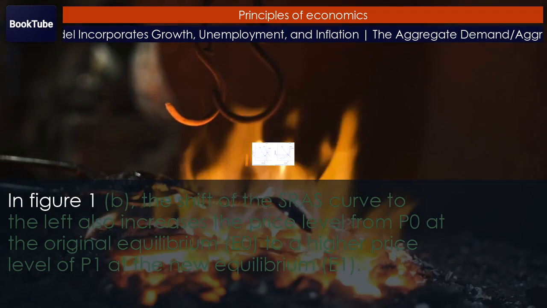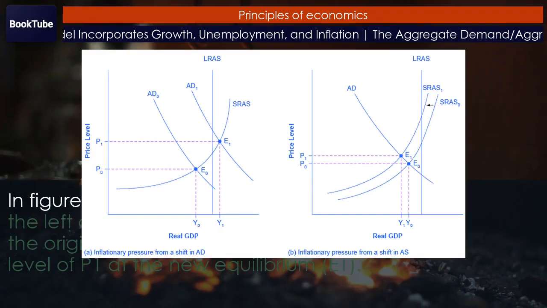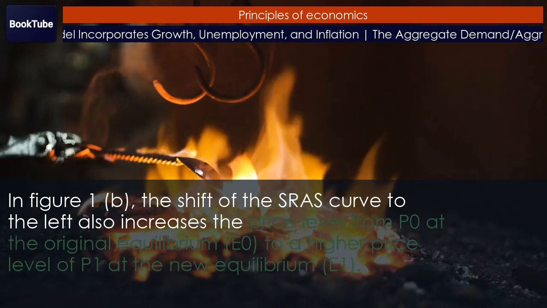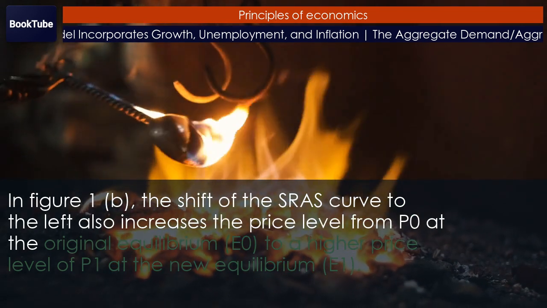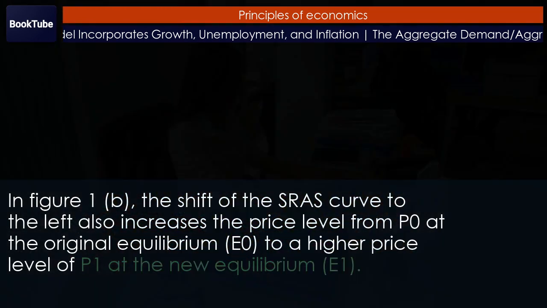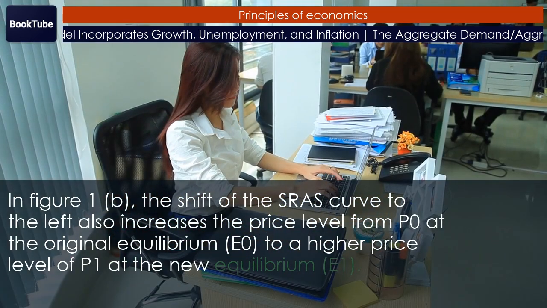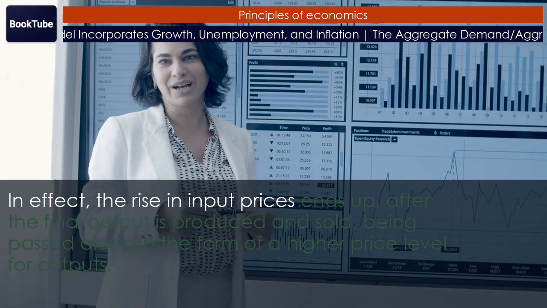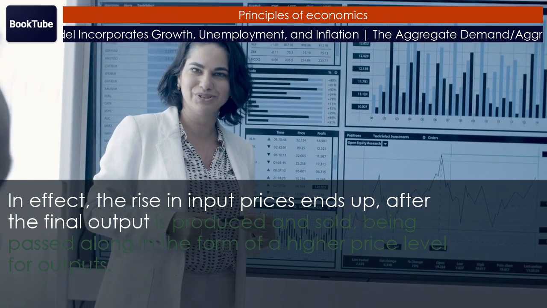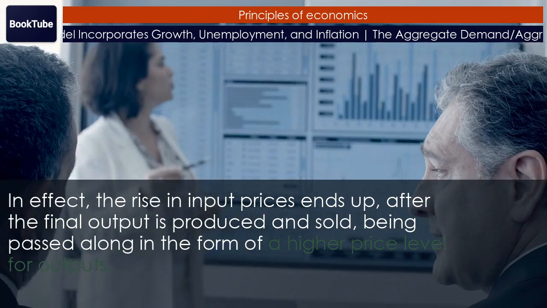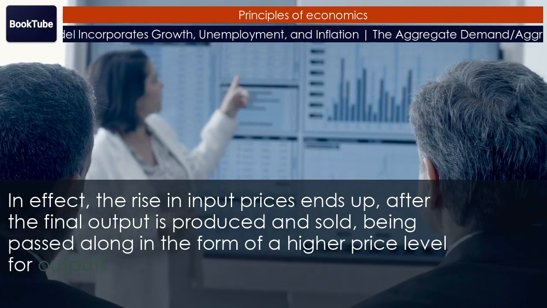In Figure 1b, the shift of the SRAS curve to the left also increases the price level from P0 at the original equilibrium, E0, to a higher price level of P1 at the new equilibrium, E1. In effect, the rise in input prices ends up, after the final output is produced and sold, being passed along in the form of a higher price level for outputs.